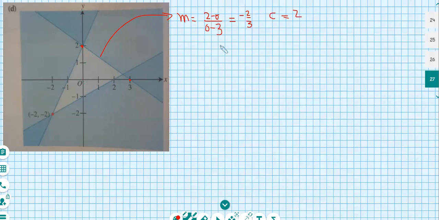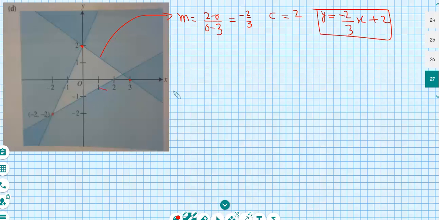So the line equation will be y is equal to mx plus c. So y is equal to minus 2 by 3 x plus 2. So this is the line equation of this.